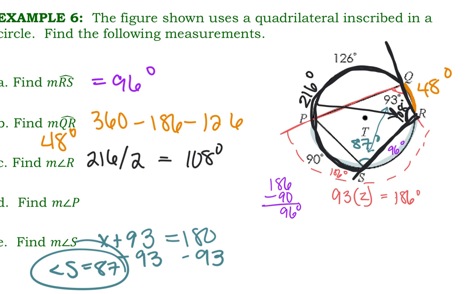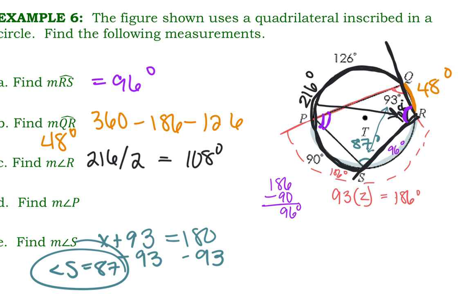All right, so now how do I want to find P? What's true about P and what's true about R? What's true about these two angles? They're not the same. I hear you, Ajani. I'm just trying to see if anyone else knows. What should we do? What's true about those two angles?